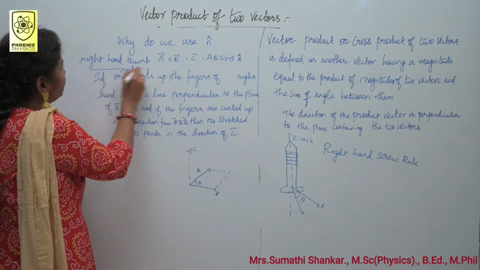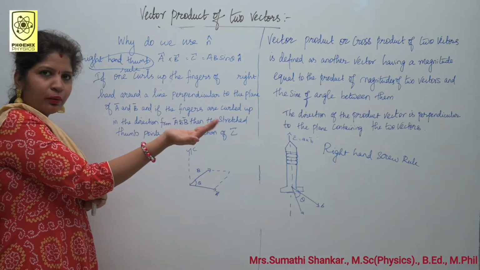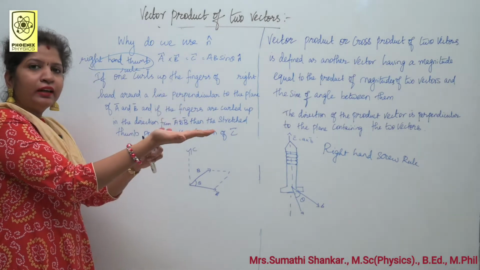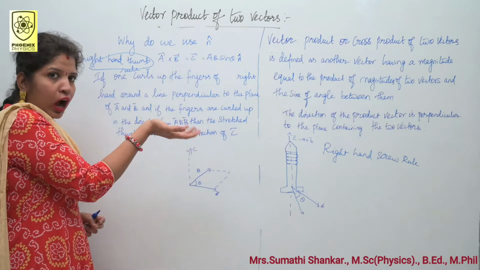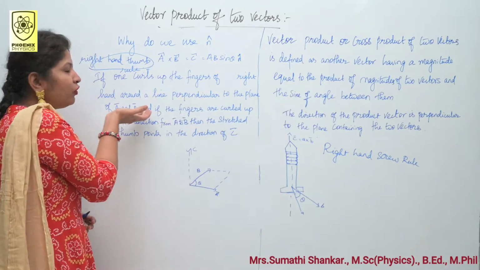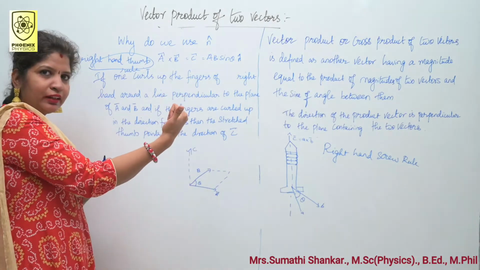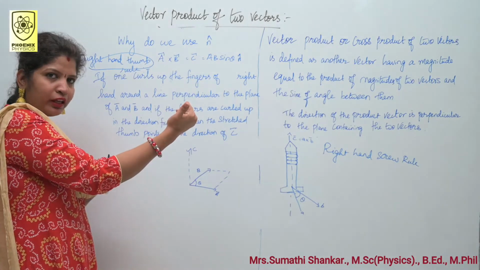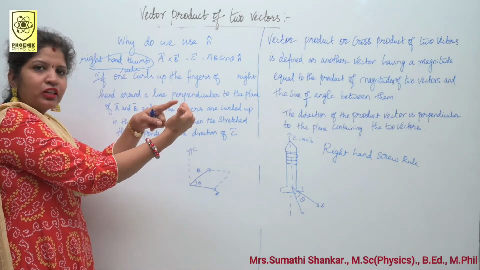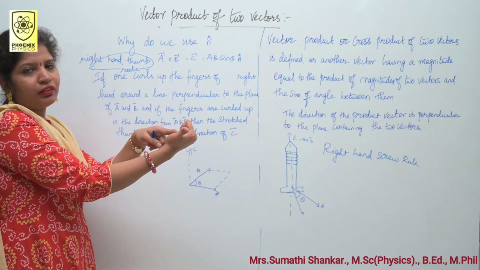What is the right hand thumb rule? If one curls the fingers of the right hand around a line perpendicular to the plane of A and B, with the fingers curled in the direction from A to B, then the stretched thumb points in the direction of C vector.